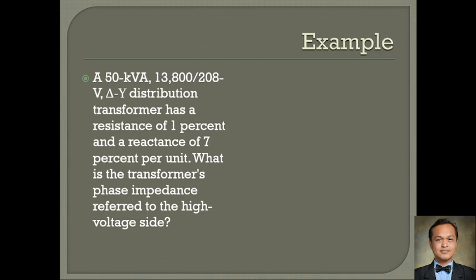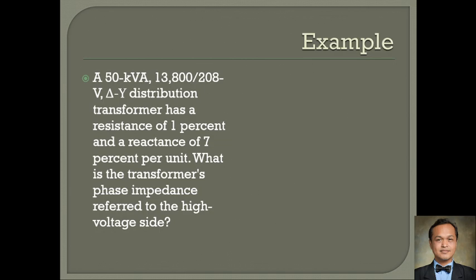To further understand the per unit system, it is good to have a simple example. For example, we have a delta to Y connected transformer, a distribution transformer that is 50 kVA, 13.8 kV to 208 volts. It has a resistance of 1% and a reactance of 7% per unit.